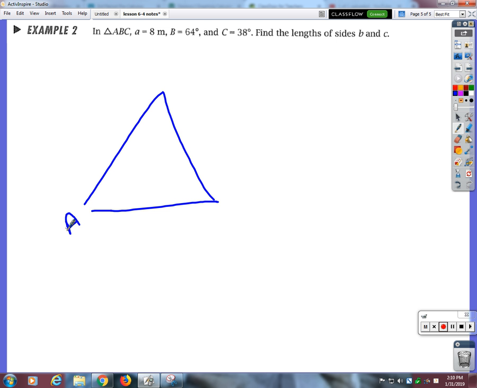This time it says in triangle ABC, we know that A is 8. You know that B is 64 and C is 38. Okay? And now we're trying to find the lengths of sides B and C. Is it the same one? Same angles, but the sides are different?